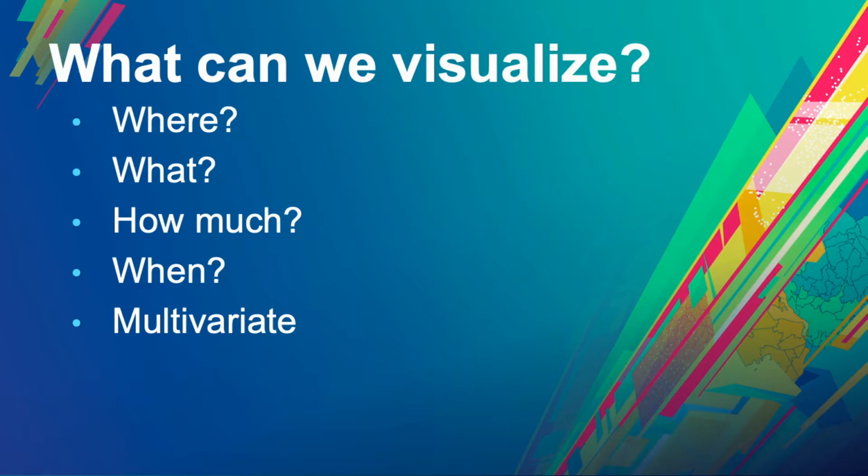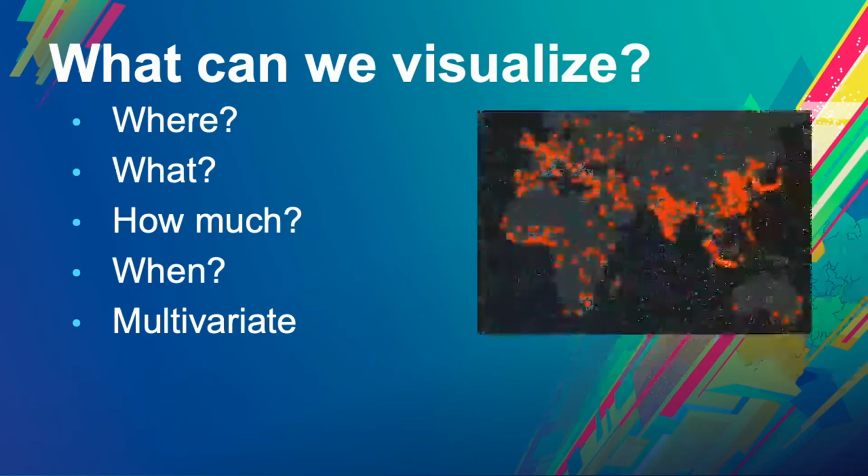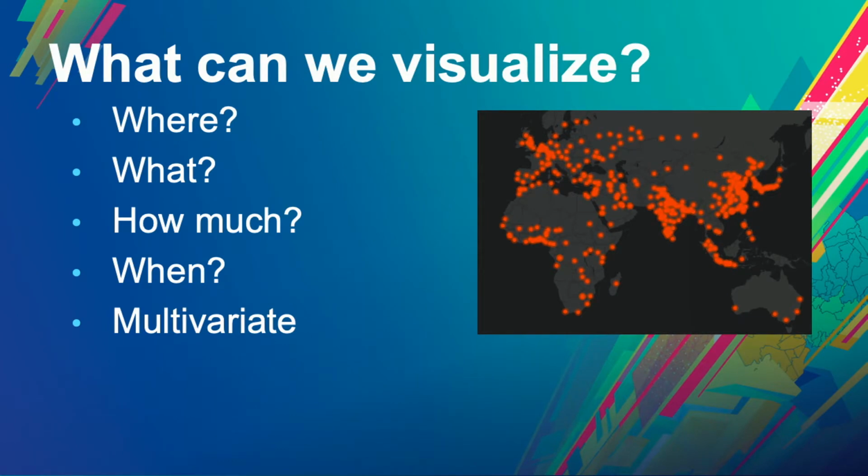So what are the different things that we can visualize? We can help you understand where things are, what is there, how much is there, when it happened, and then you can mix and match those if you want, create multivariate examples of them. So where something is, it's pretty self-explanatory where those dots show up.